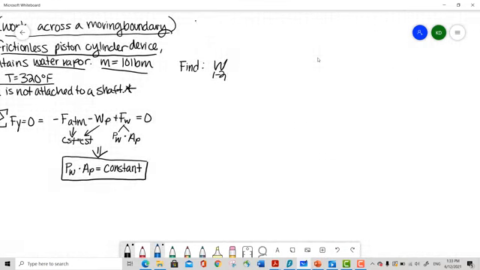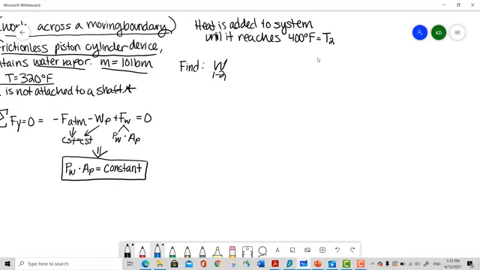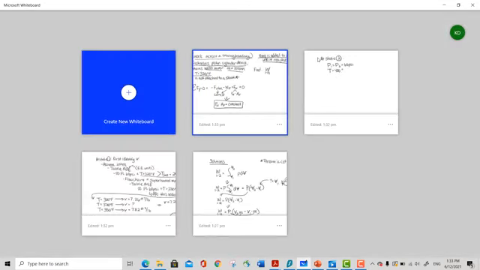Okay, sorry guys, heat is added to the system until it reaches 400 degrees Fahrenheit, which we know would be T2. Sorry, this would be given in the problem. You wouldn't just know what temperature it's supposed to reach. I just forgot to add it. Okay, here.